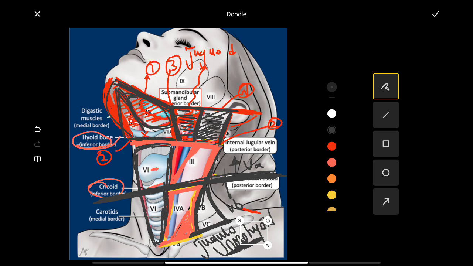Superiorly, this level 6 is bounded by the hyoid bone here above. Let me use a totally different color. Yeah, that's a nice color. So superiorly is the superior border of hyoid. Inferiorly is the manubrium sterni, the superior edge of the manubrium here down below. And laterally are the medial borders of the carotid arteries here.